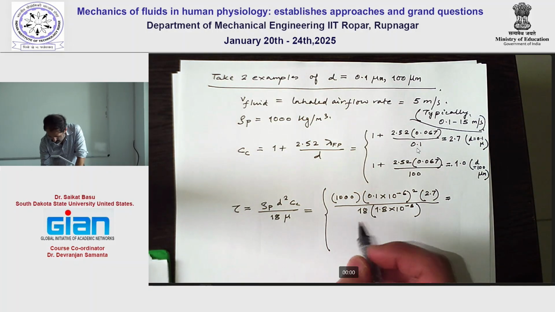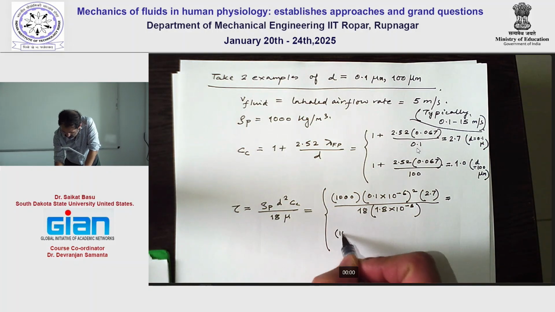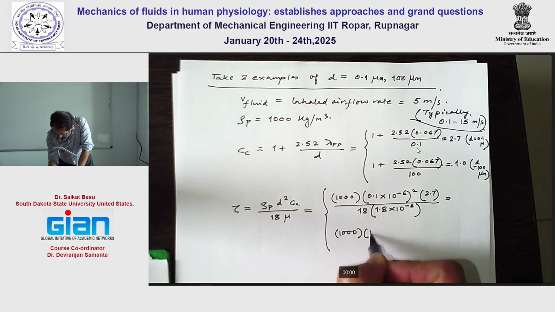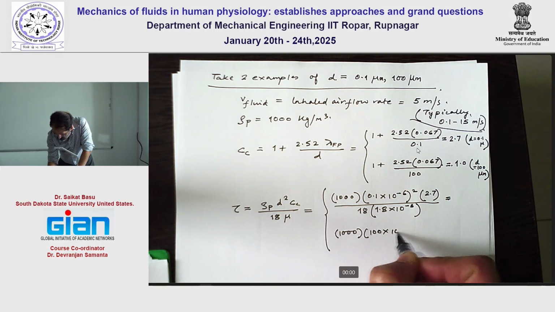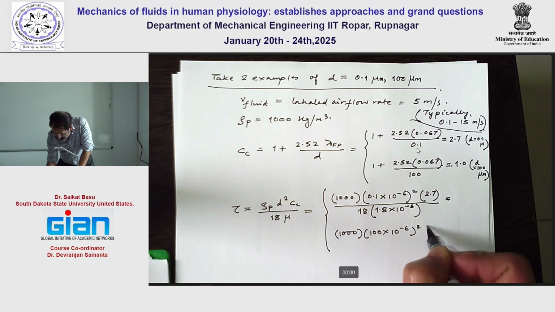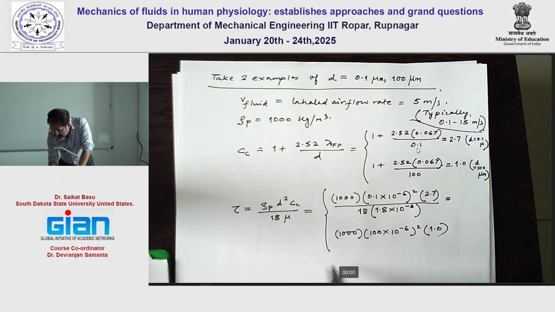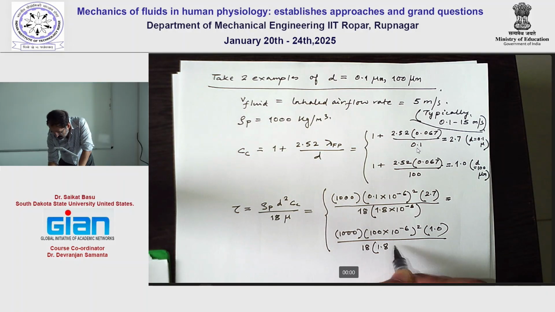This is for 0.1 micron. Then we have 1000 times 10 micron squared, the correction factor is 1 now, and 1.8 times 10 to the power of minus 5.